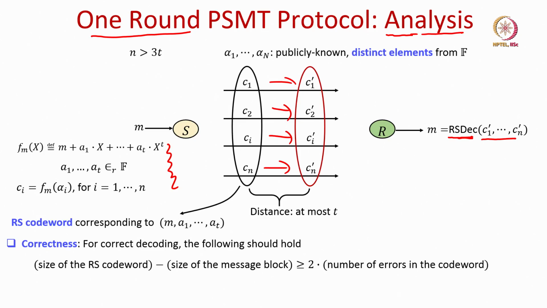Now, from the results in coding theory, in order that the decoding works correctly for the receiver, the following relationship should hold.